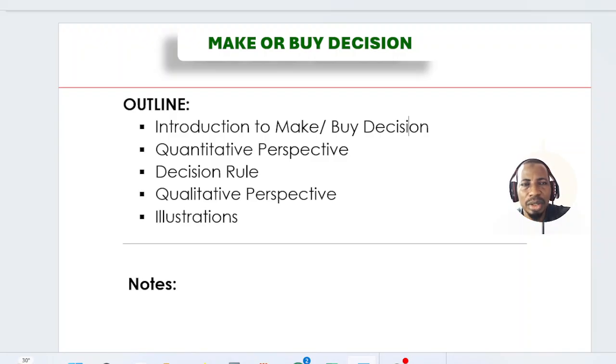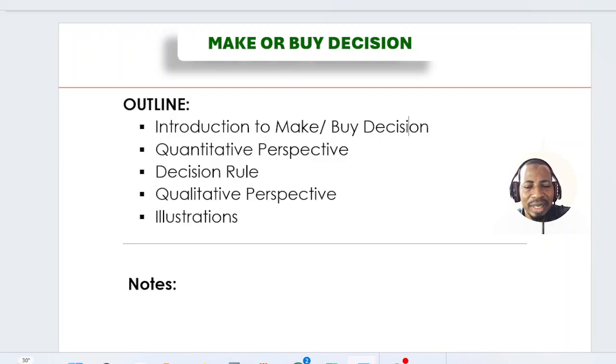Because if the company decides to contract the production of the component to an outside supplier, how are we sure that the supplier will not leak the secrets underlying the company's product to the competitor? So a company needs to be very careful before the final decision is made.